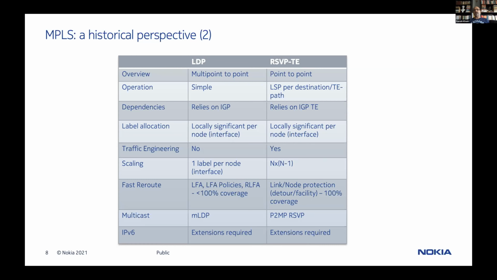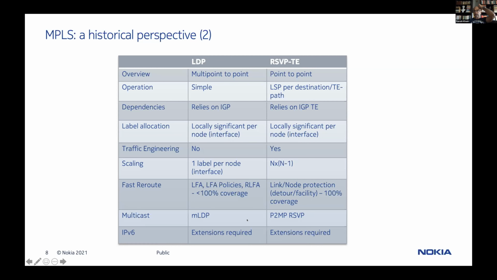If you've got 100 routers in the network, you're looking at 10,000 LSPs. That's a lot. And so it means that it rapidly runs into issues where the network just cannot grow any further without subdividing it.